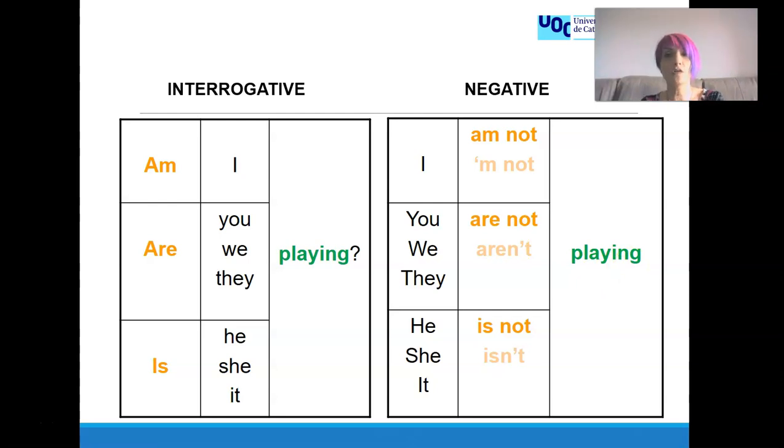I am not playing. We are not playing. Or he's not playing. Remember that we can make these forms shorter, but the verb am not cannot be shortened like the others, right? So we say am not, okay?